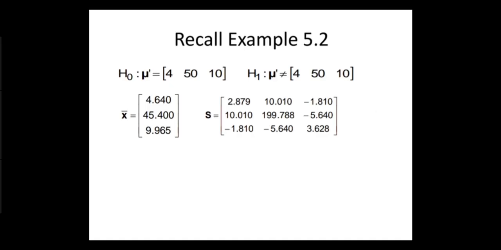So from this vector, we know that x1 bar is 4.6, x bar 2 is 45.4, x bar 3 is 9.9, and from the variance covariance matrix, the diagonal will be the variance of each variable, which is 2.879 is the variance for the first variable, 199.78 is the variance for the second variable, and 3.3 is the variance for the third variable.